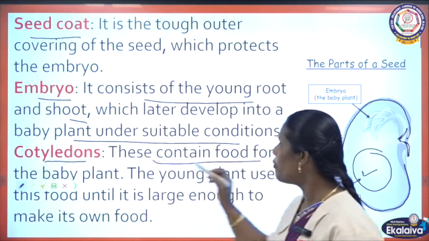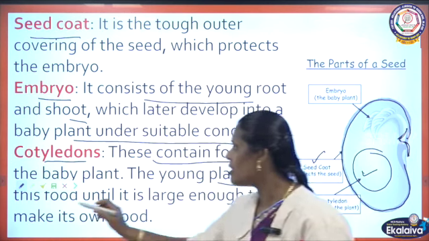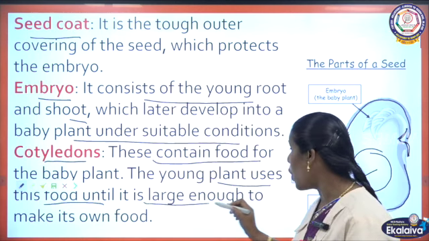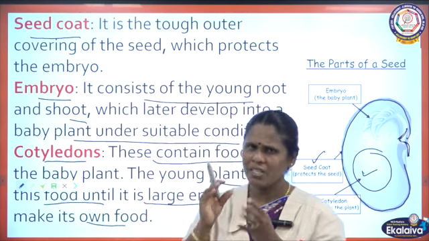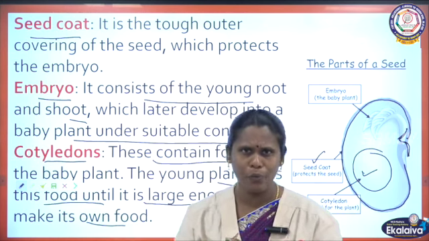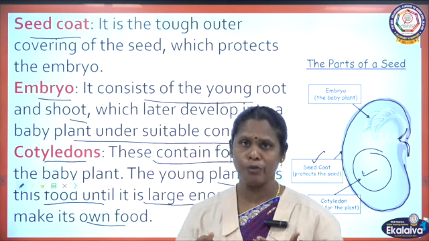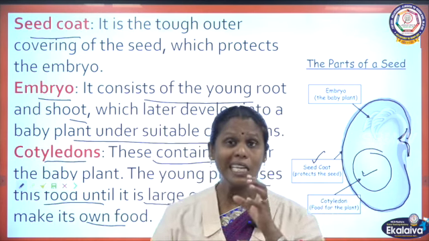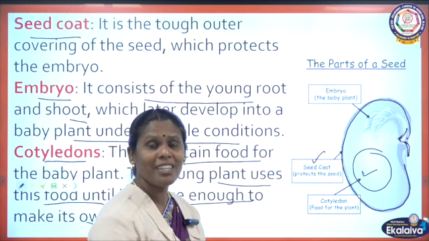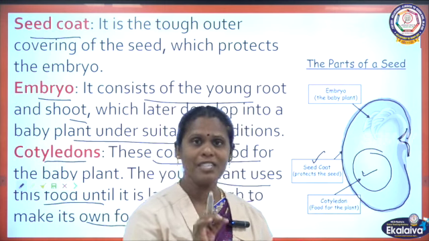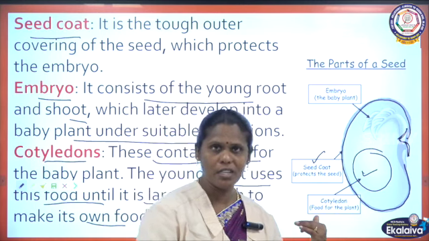These contain food for the baby plant. The young plant uses this food until it grows large enough to make its own food. Because when it is small, it cannot prepare its own food. When the leaves appear, after that it can prepare its own food, right? So, up to this, it takes food from the cotyledon. Can you understand children the three parts of the seeds? I hope you understand the structure of seed, right?